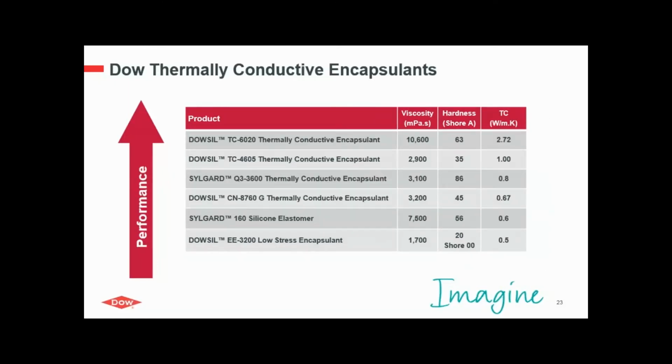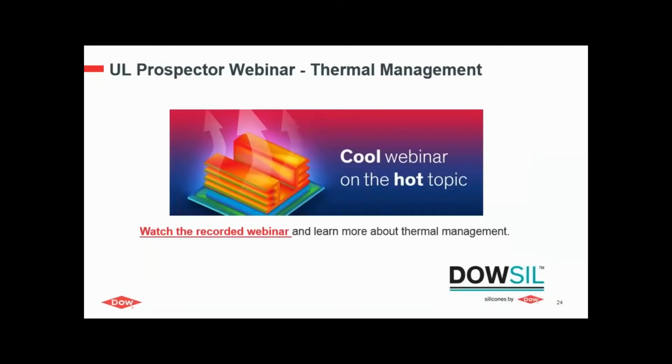If you have an application that needs some thermal conductivity, then we can go for a thermally conductive encapsulant, where the thermal conductivity can start from 0.5 watt per meter Kelvin up to almost 3 watt per meter Kelvin, with also different viscosities. If you want to learn more about thermal management, we invite you to go to the recorded webinar of the hot topic about thermal management.